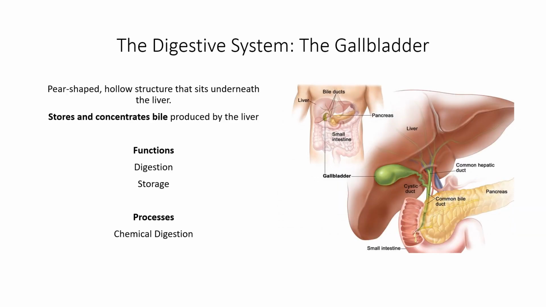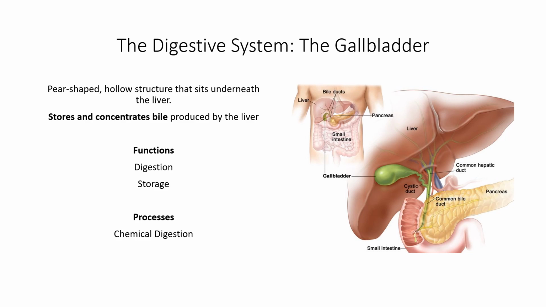And moving on to the gallbladder. As briefly mentioned in the previous slide, the gallbladder sits just under the right lobe of the liver. It's a pear-shaped hollow structure. Simply put, the main function of the gallbladder is to store and concentrate the bile produced by the liver.